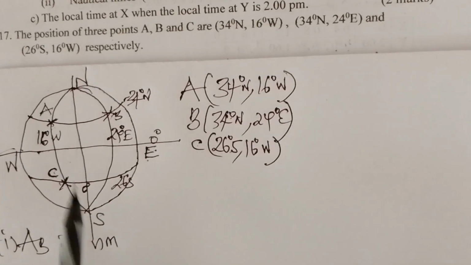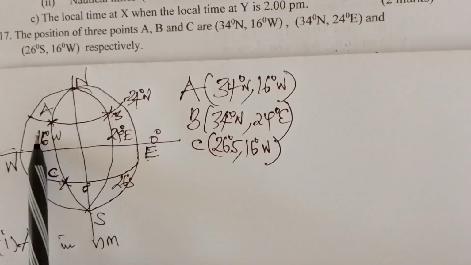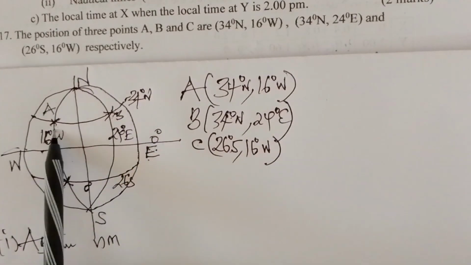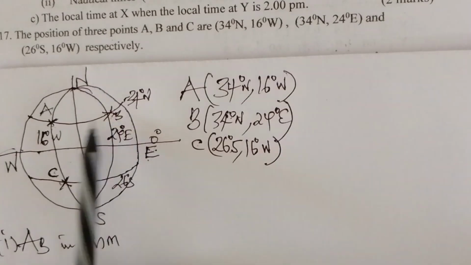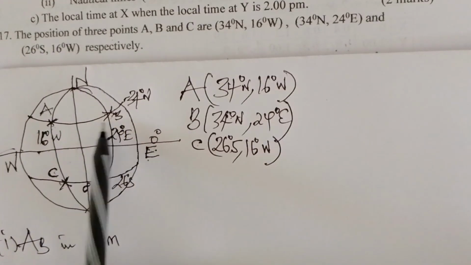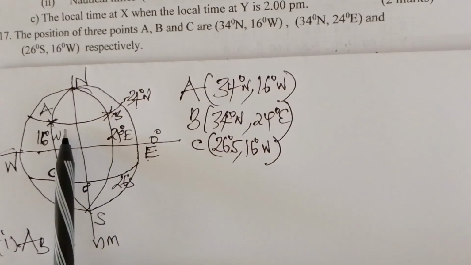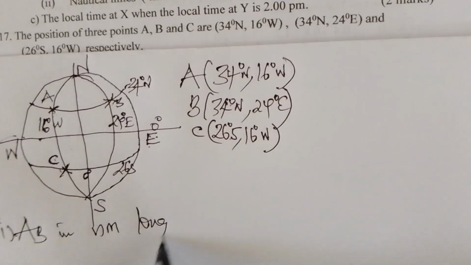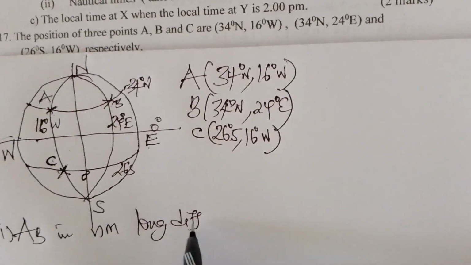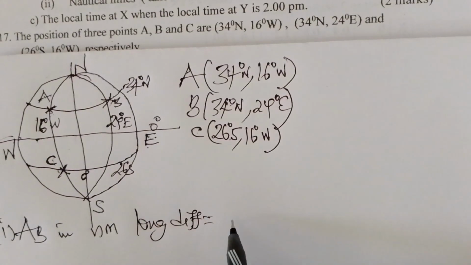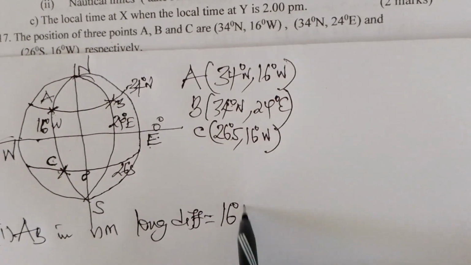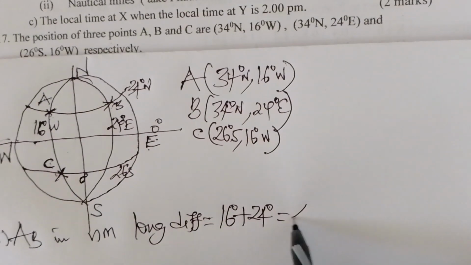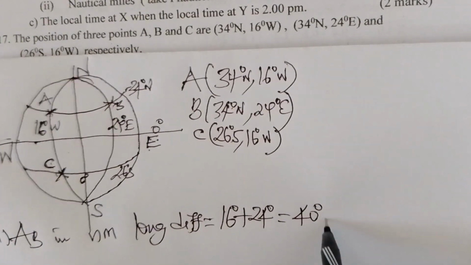First, A and B lie on two different sides of the longitude. So to get the longitude difference, we add the two longitudes. So the longitude difference will be given by 16 degrees plus 24 degrees, which is equivalent to 40 degrees.